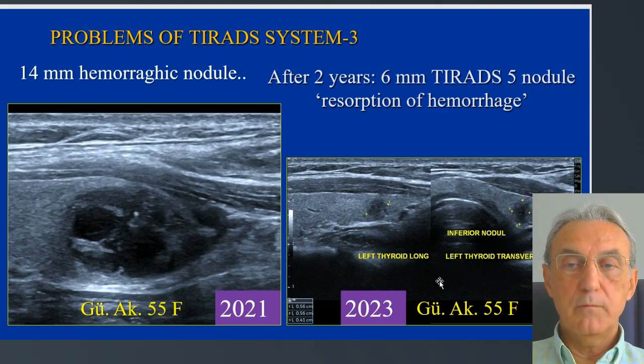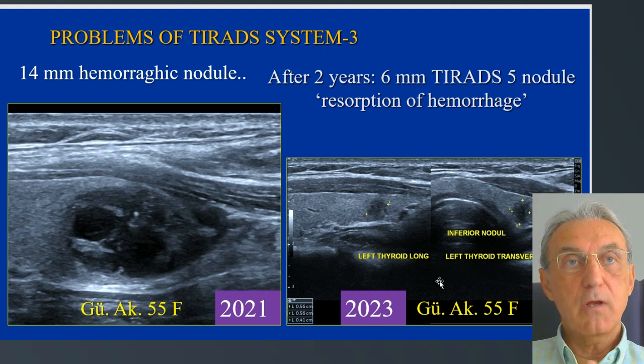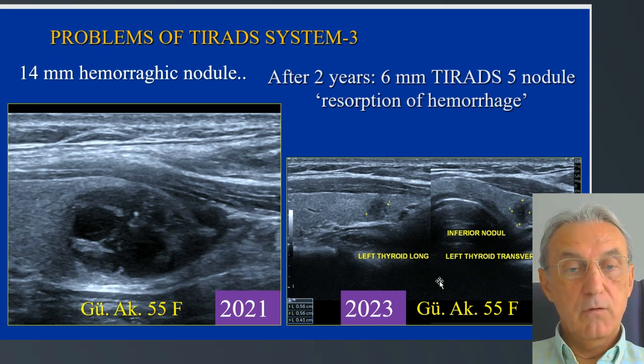Another problem is that sometimes we may have followed up some hemorrhagic nodules, and they may end up as a smaller TI-RADS 5 nodule.